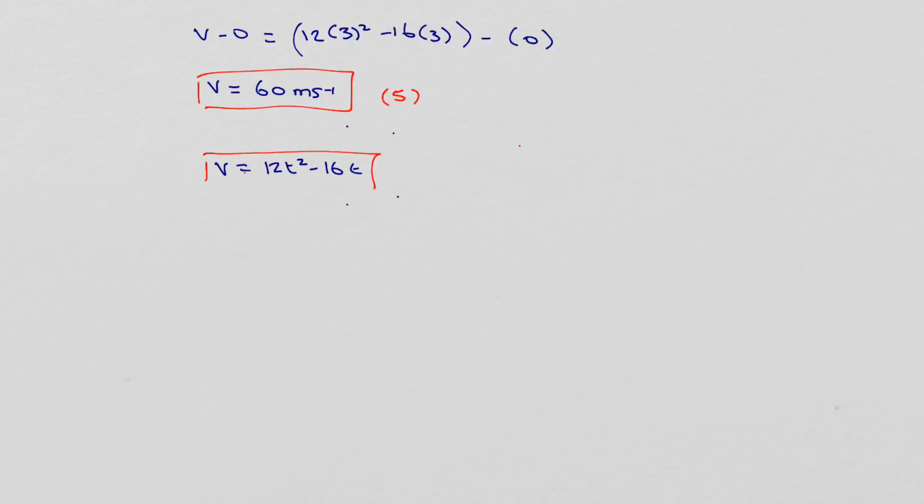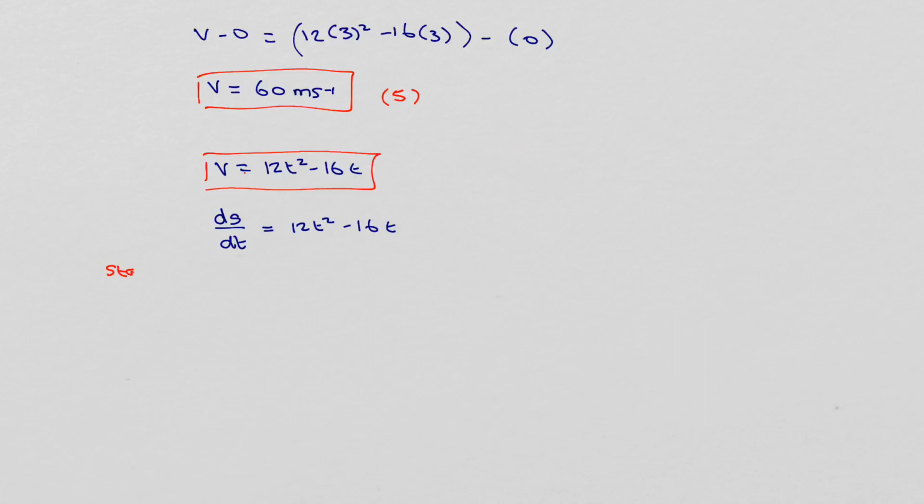Now if we want to find our distance, well, what do we know about velocity? We know that velocity is the rate of change of distance with respect to time. So now I can integrate to get my distance when the time is 3.